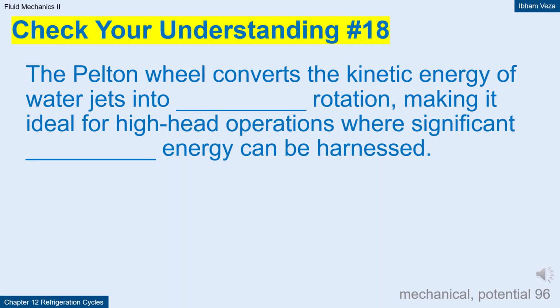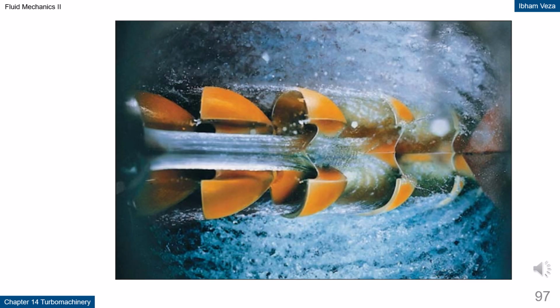The Pelton wheel converts the kinetic energy of water jets into mechanical rotation, making it ideal for high-head operations where significant potential energy can be harnessed. Pelton wheel system. This figure provides an overall view of the Pelton system, from the nozzle to the turbine wheel and the driving shaft.